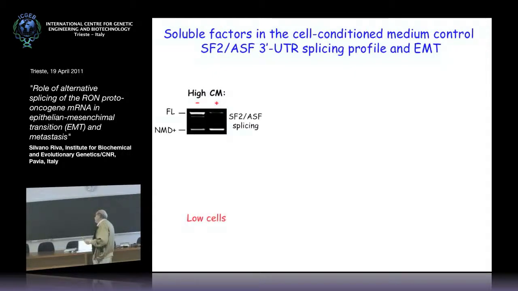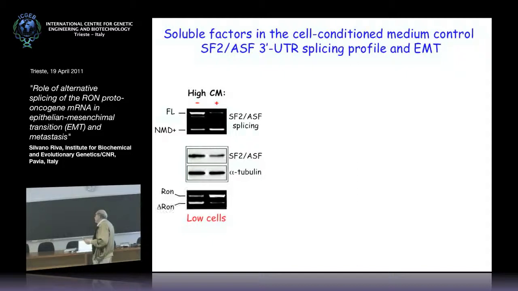I skip this part that shows that. So I said that if you grow cells at high density or low density, you have different behavior. Well, it turns out that you can reproduce the same result. For example, you can add to low density cells conditioned medium from high density cells.